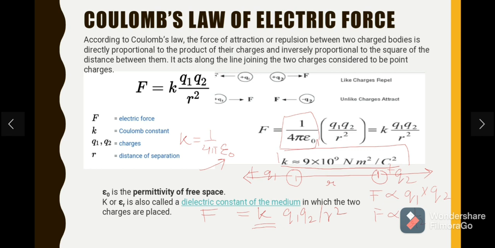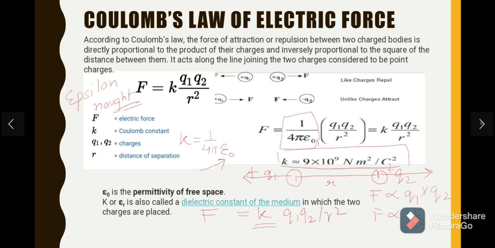Like if we go to a medium like water, the force between the charged particles decreases. So by what factor it is going to decrease? That is given by this value of Coulomb constant 1 by 4 pi epsilon naught. It is written as epsilon naught.